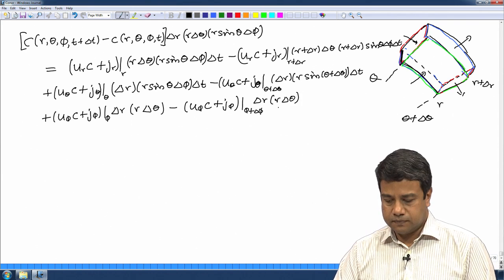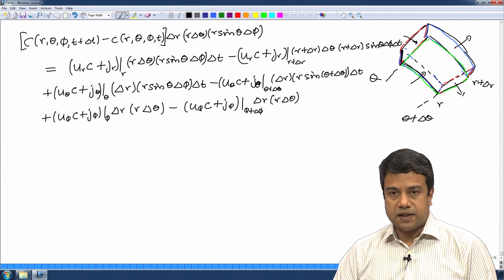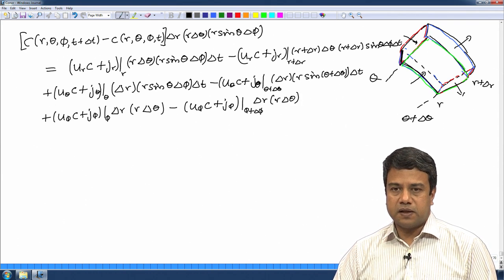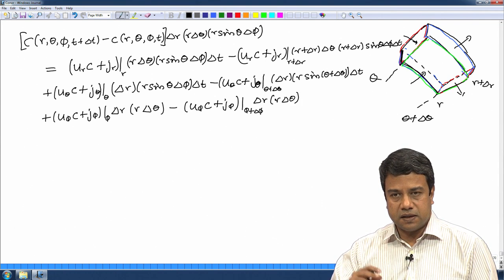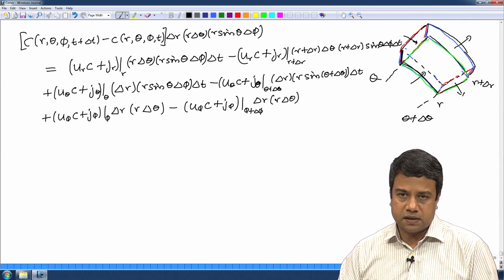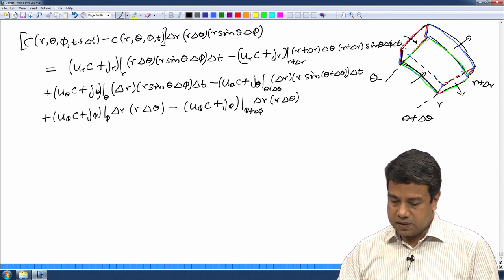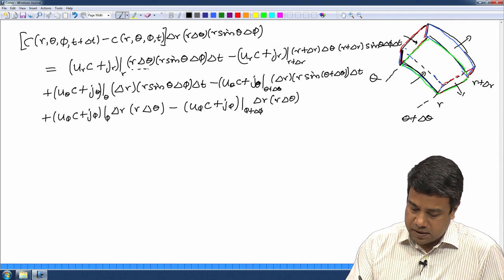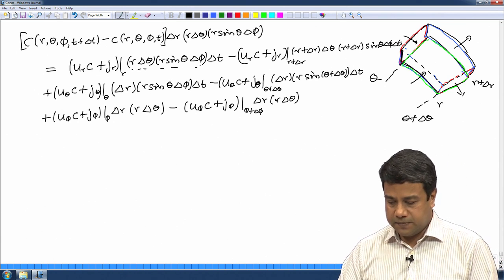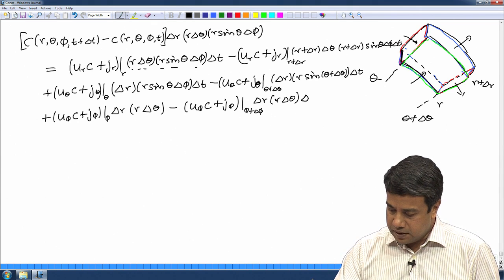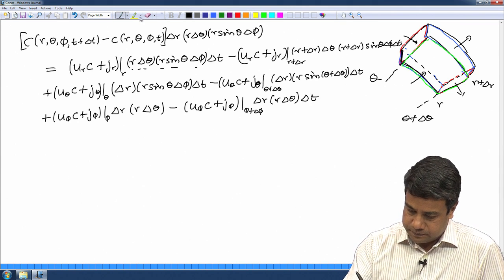So, the surface area perpendicular to the phi direction is the length in the r direction times the length in the theta direction. Perpendicular to the r direction is the length in the theta direction times the length in the phi direction, and so on. And I have to multiply by delta t here.